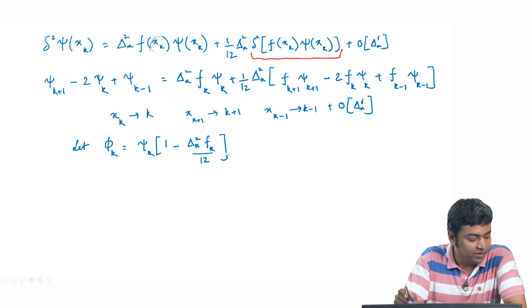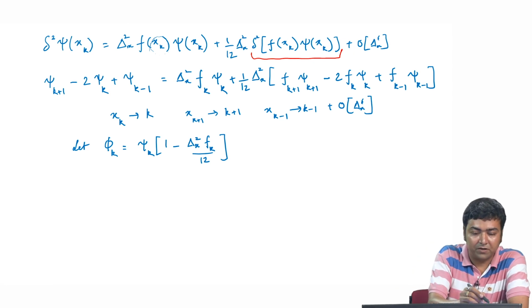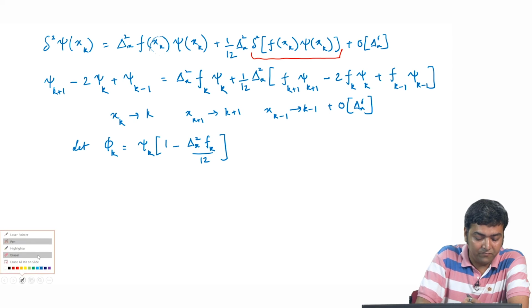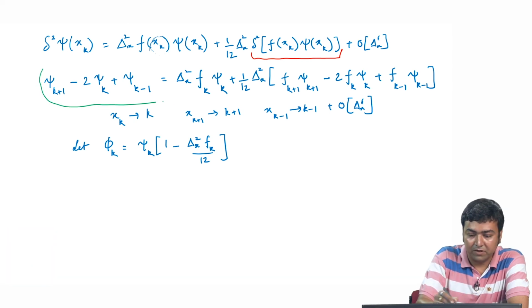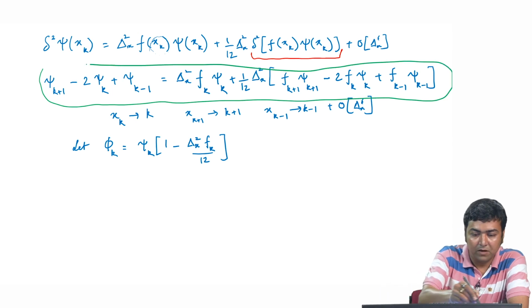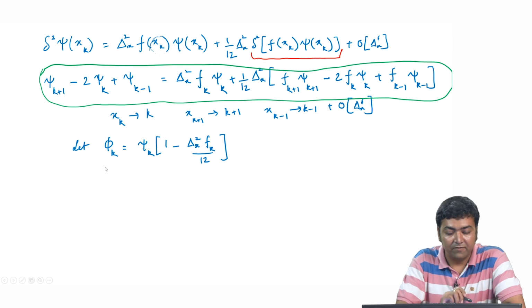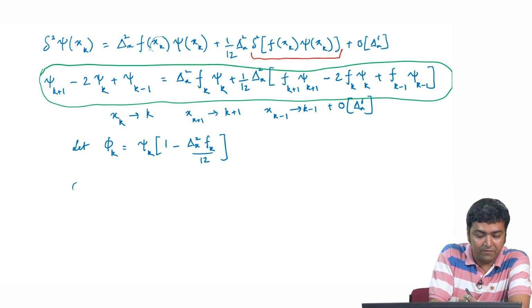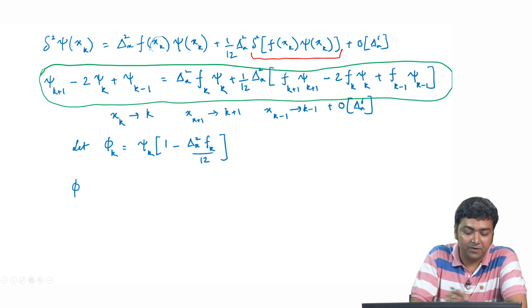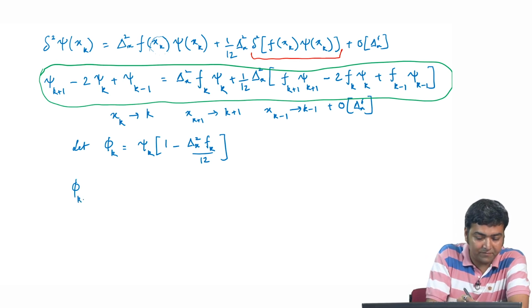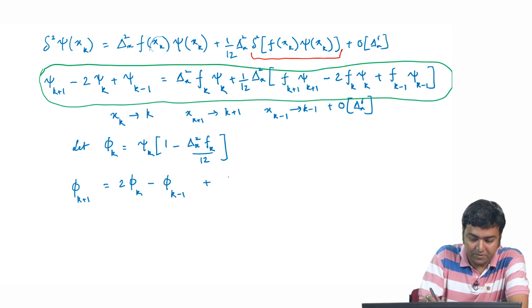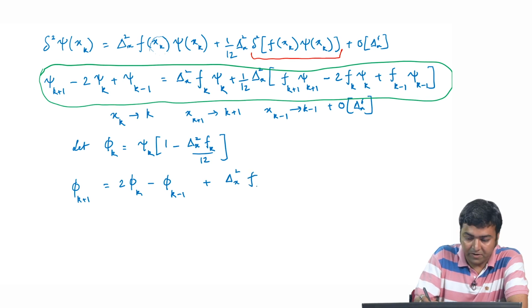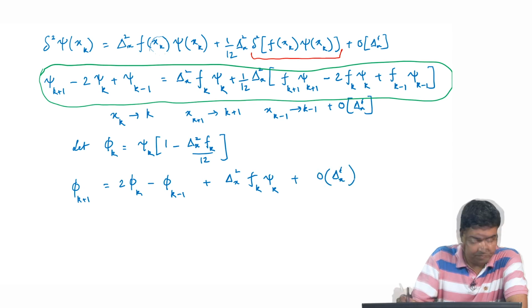If I do that, I can rewrite the equation marked with this green line in terms of phi_k. Without doing the detailed algebra, I am just writing the final result: phi k plus 1 equals twice phi k minus phi k minus 1 plus del x square f_k psi_k plus order del x to the power 6.